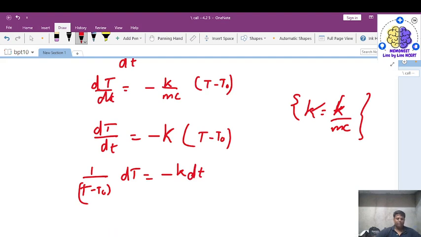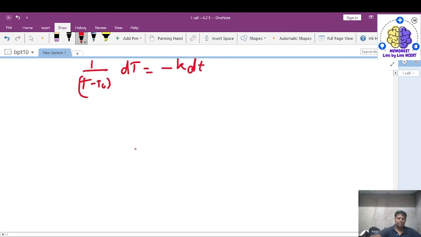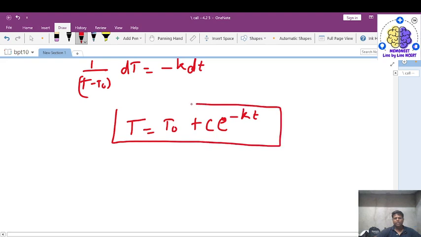Integrating this and solving, we get T equals T naught plus C into e raised to the power of minus Kt, where small t is the time, capital K is as we saw, C is the constant, T naught is the temperature of the surrounding, and T is the temperature of the body.